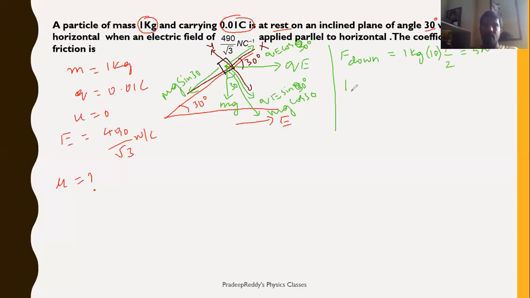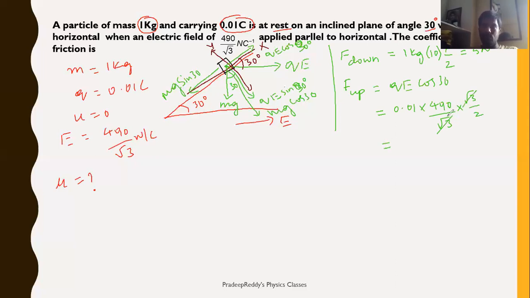And F upward is equal to qE cos 30. This is equal to 0.01 into 490 divided by root 3 into cos 30, which is root 3 by 2. The root 3 and root 3 get cancelled.